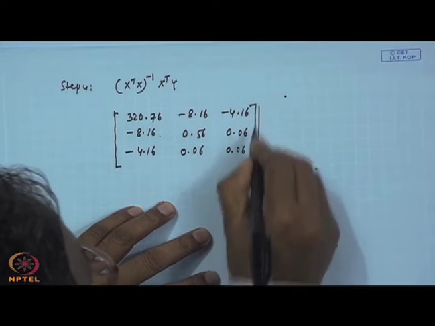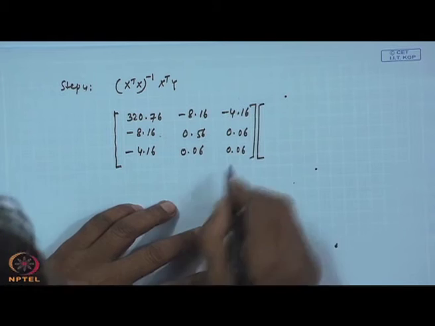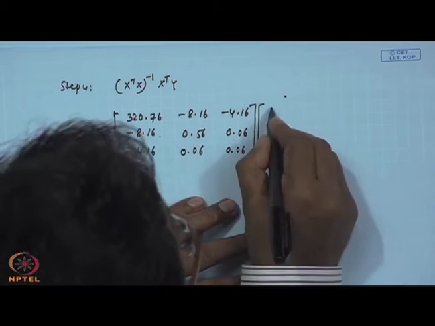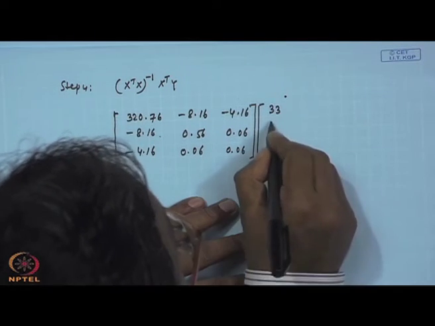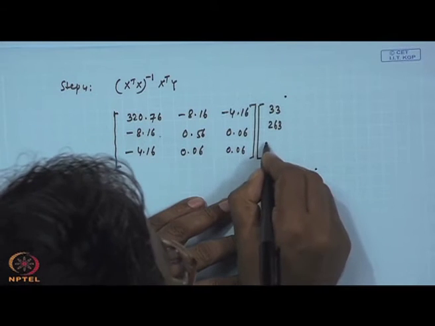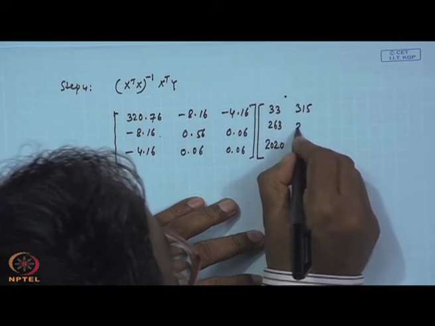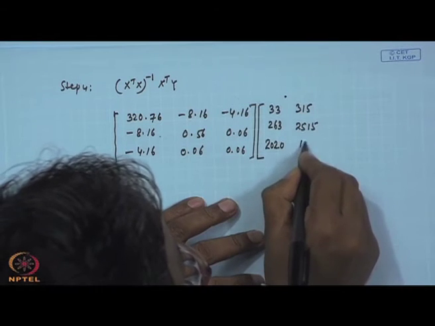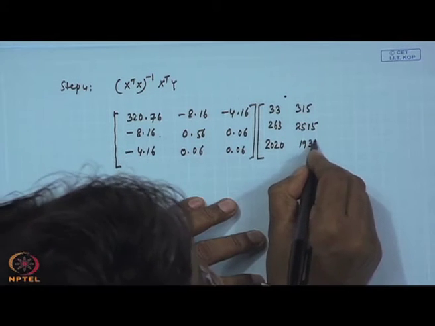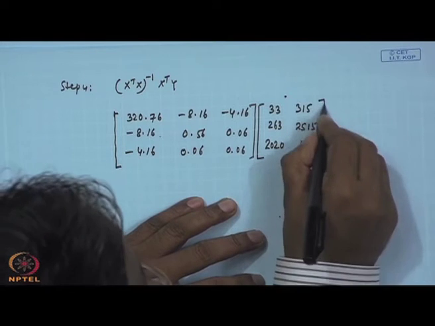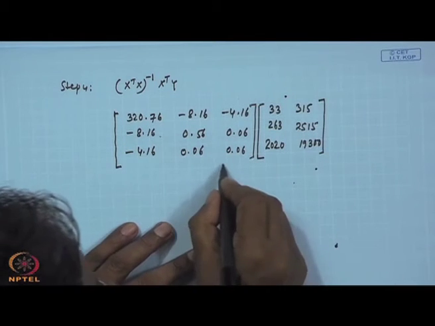Then what is our X transpose Y? Our X transpose Y is 33, 263, 2020, 315, 2515, 19,300. This is the resultant.